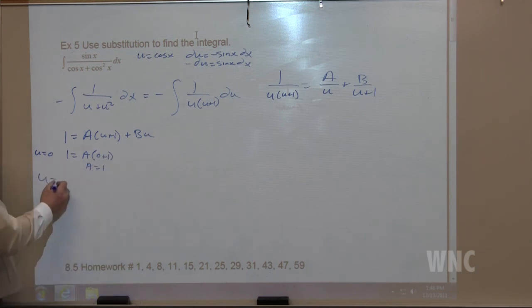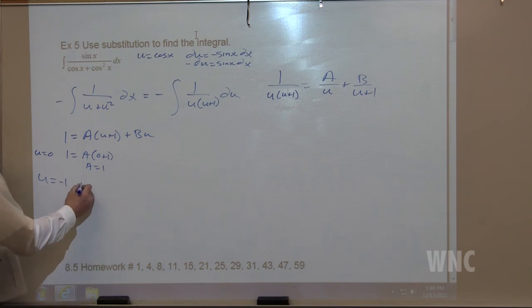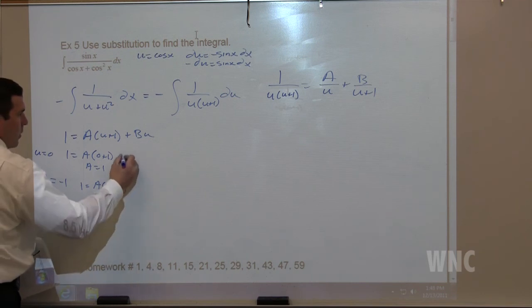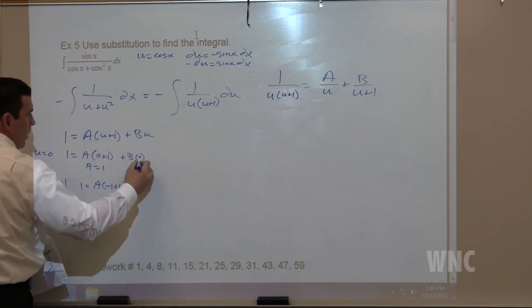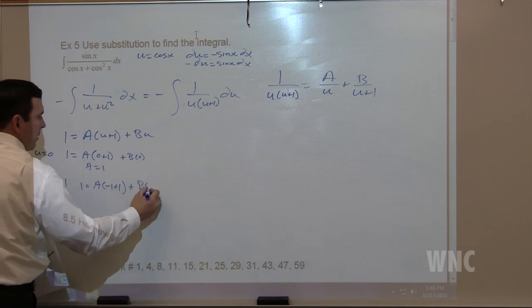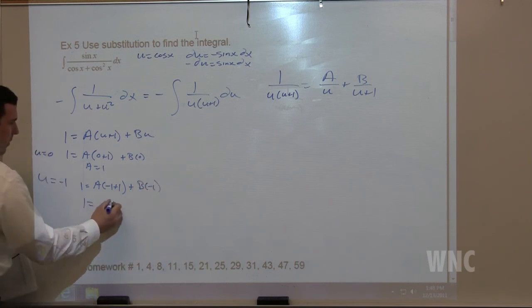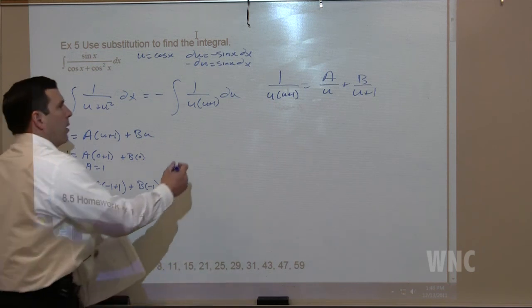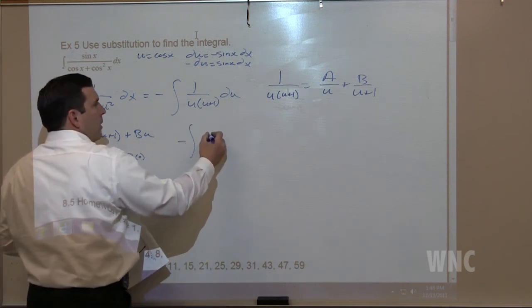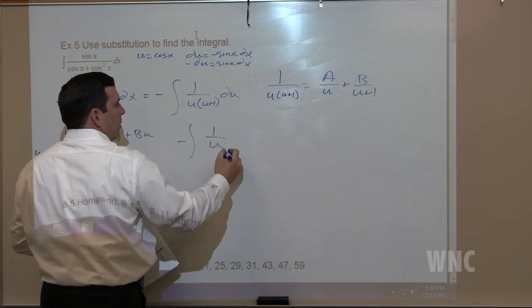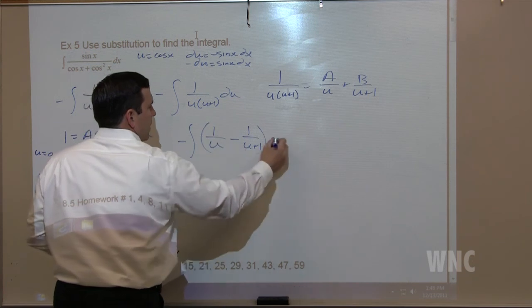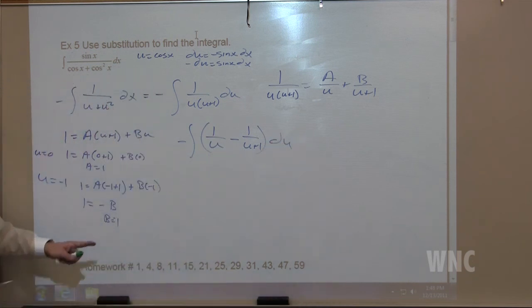If I say u equals negative 1, we have 1 equals a times (negative 1 plus 1) plus b times negative 1. So 1 equals negative b, so b equals negative 1. We have the negative integral of 1 over u minus 1 over (u plus 1) du. Again, the minus came from b. b is negative 1.